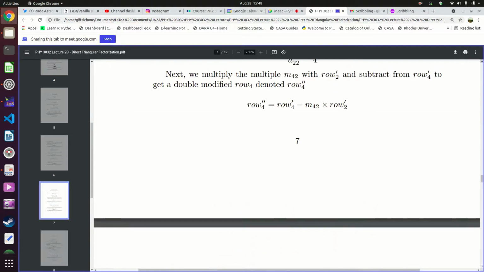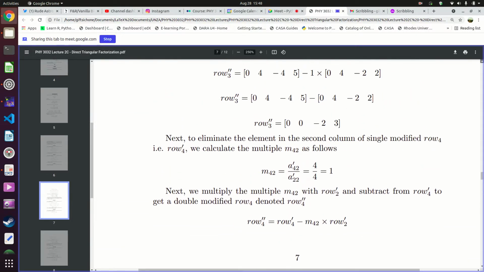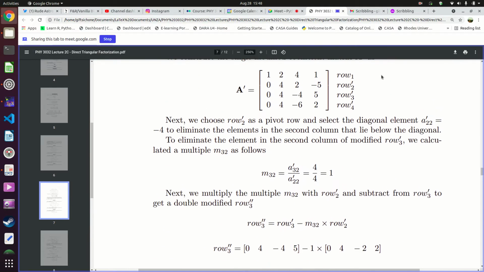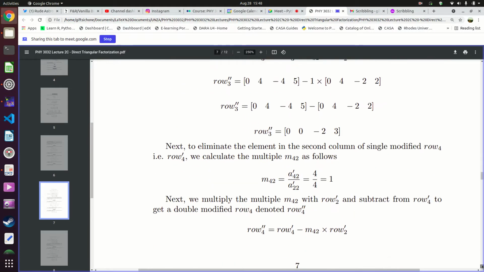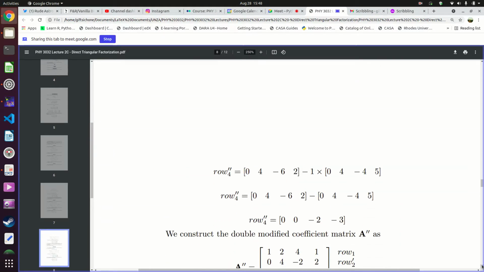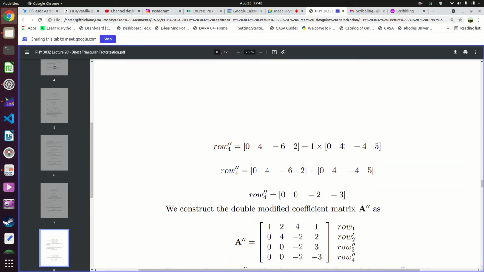That's row number 2. Oh, okay, yeah. It's minus 4, 0, 4, 2, minus 5. Okay, good. So here, 0, 4, minus 4, 5.